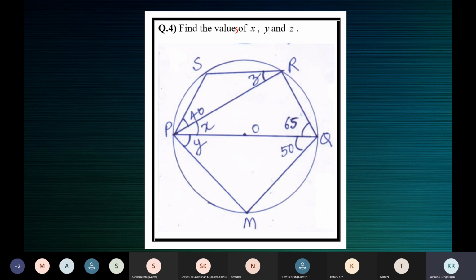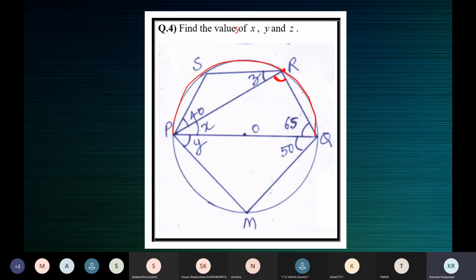So here POQ is a diameter. Angle in the semicircle is a right angle. Now, if you look at this angle, R is a point on the semicircle. This is the semicircle.